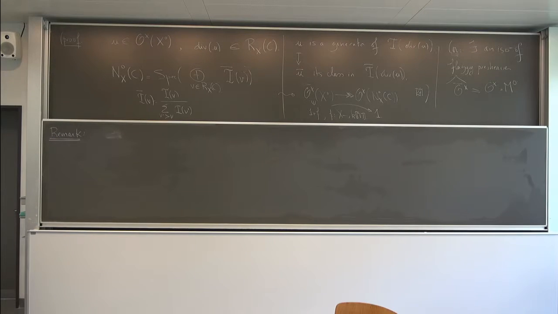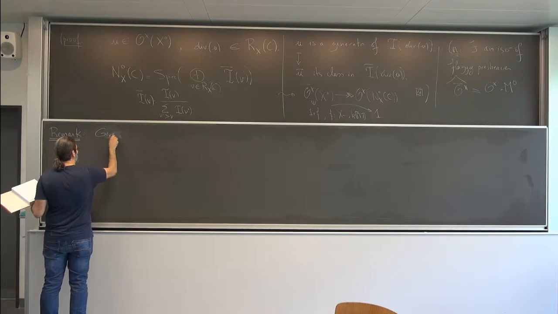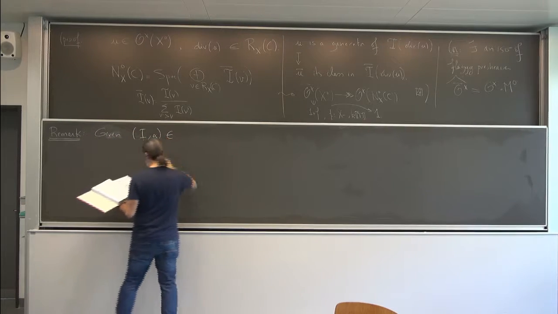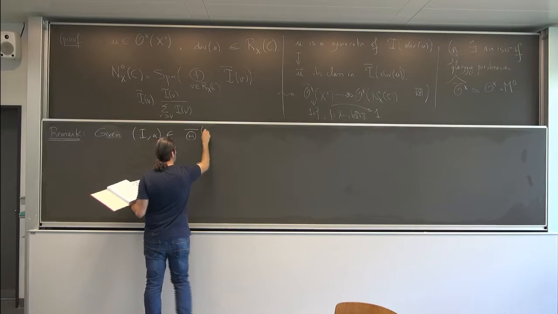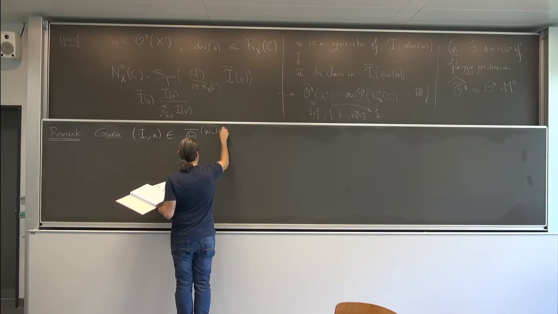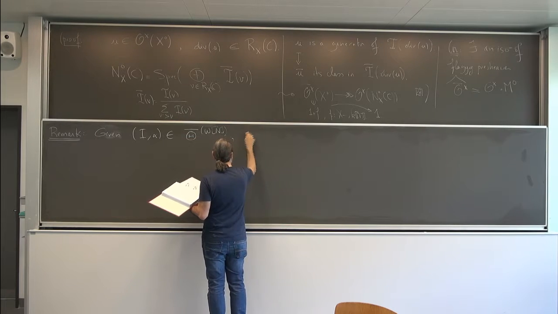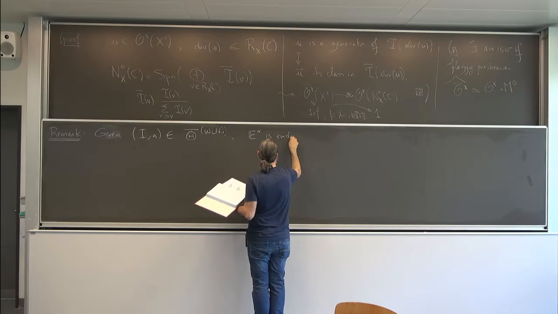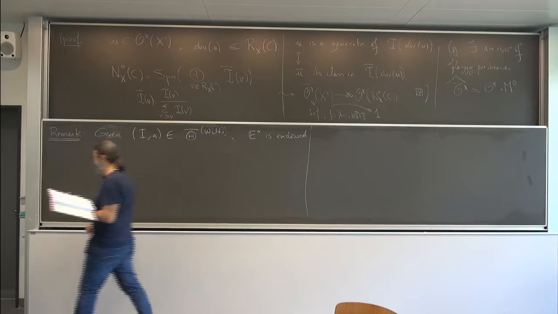To do this, I need to go a bit to the beginning. So given a pair alpha in this indexing category, we know that the scheme E alpha is clearly endowed with a natural stratification.